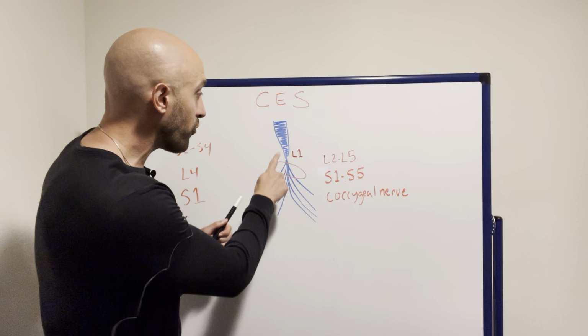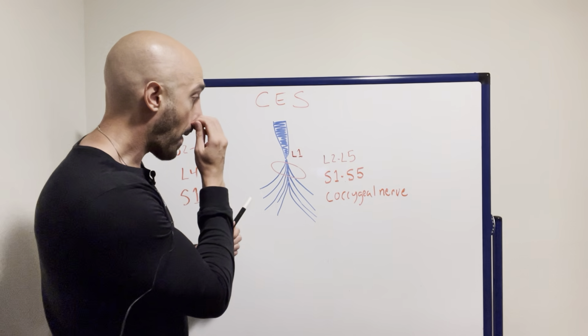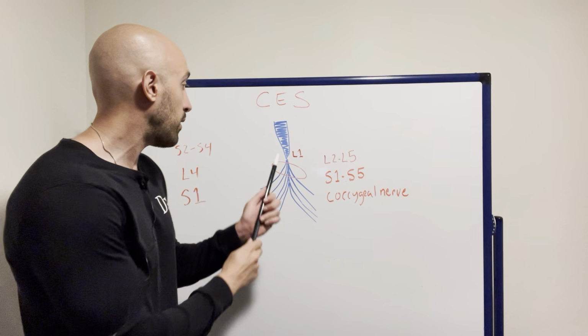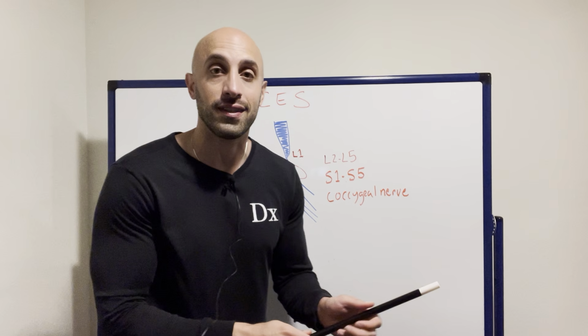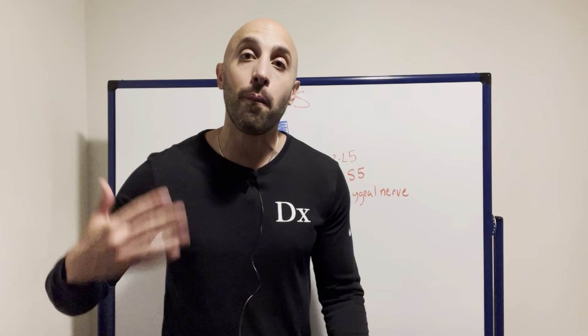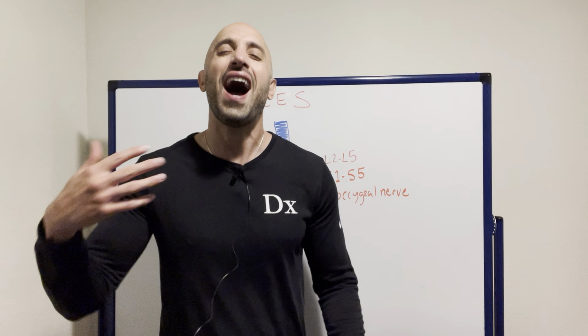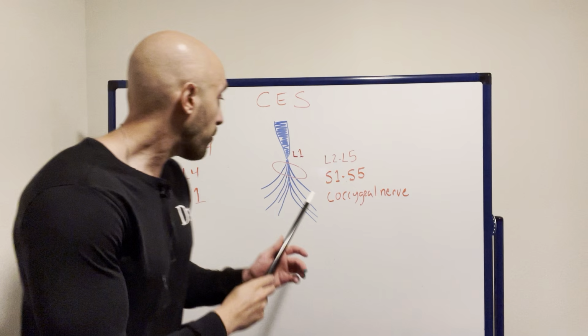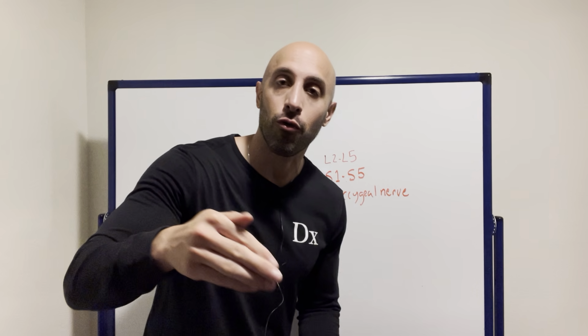Look, they're both in the spinal canal, but this is nerve roots, peripheral nervous system, not cord, central nervous system. So when the cord is involved, you get upper motor neuron signs like hyperreflexia, upgoing toes on Babinski, clonus. But when the roots are involved, that's when you get hyporeflexia.